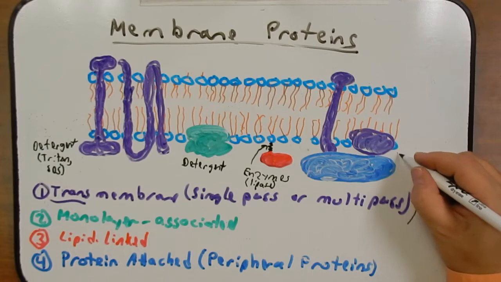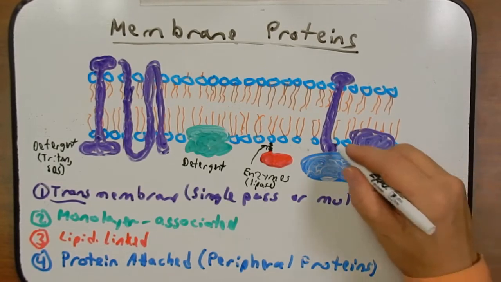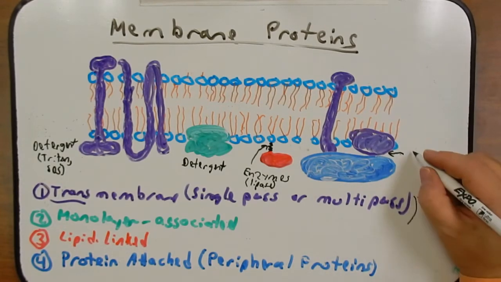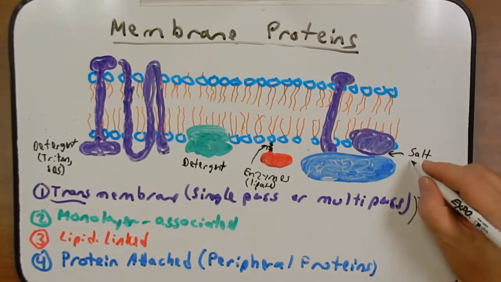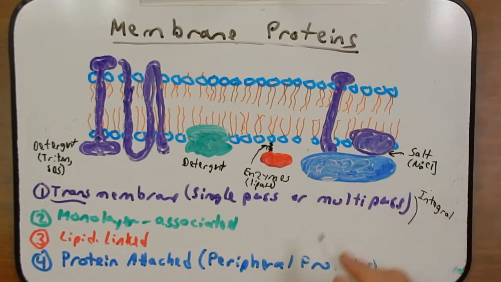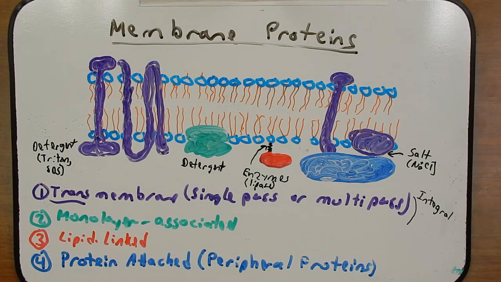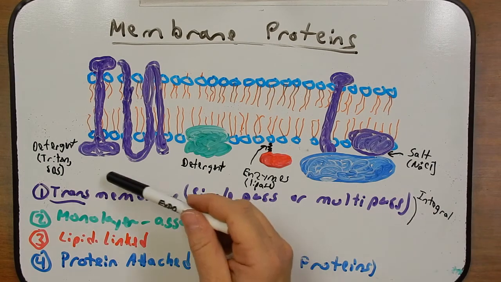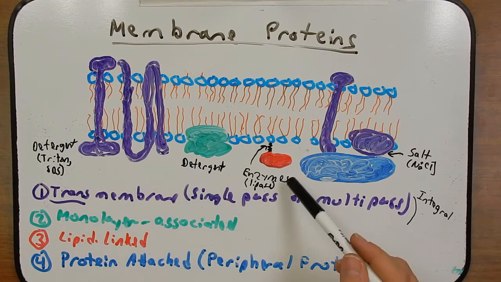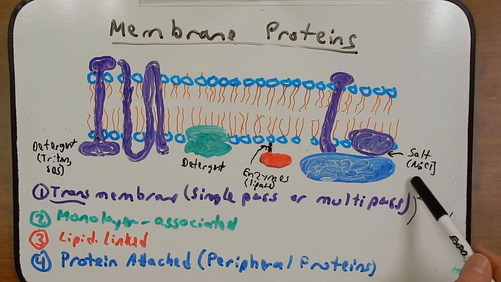Now to release these peripheral proteins that are attached to these transmembrane proteins, it requires salt, like sodium chloride, to remove this protein. And we'll see that we take advantage of these features of removing these proteins to identify whether a protein is an integral protein, because it would require detergent to release it, a lipid-linked protein, or a peripheral protein attached to other proteins.